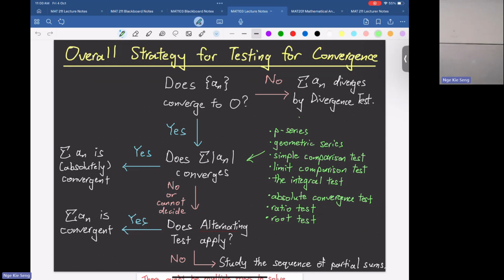Maybe this series has a pattern: plus, minus, plus, minus. If it's like that, then you can use the AST. If yes, it converges. If not, good luck. Please look at the pattern of the sequence of partial sums and check how it grows.